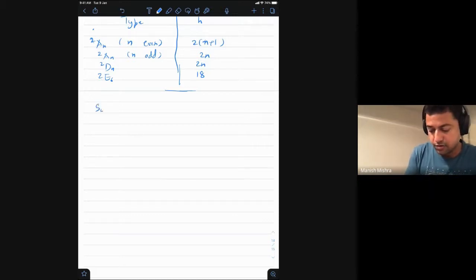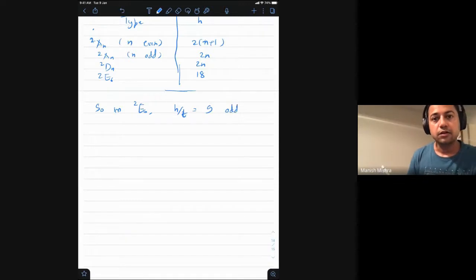So in 2E6, H mod T is 9, which is odd. Regular is not a term in finite group theory, so let me call this Deligne-Lusztig cuspidal cell dual.